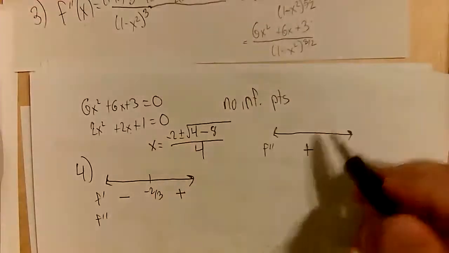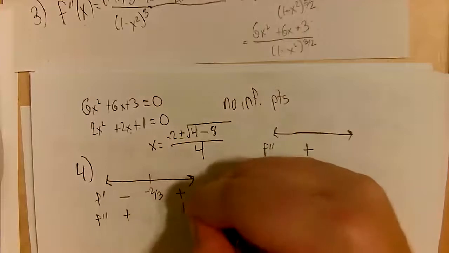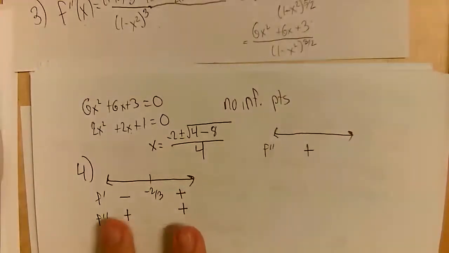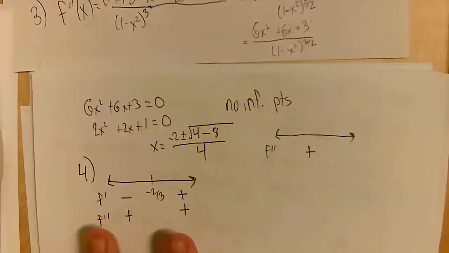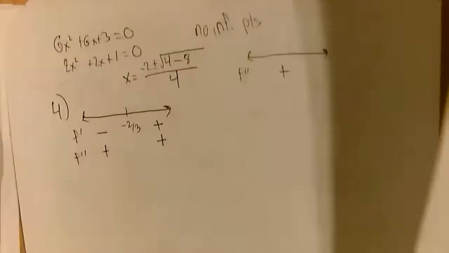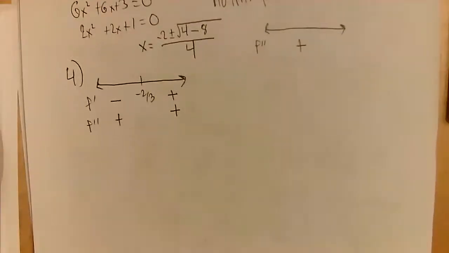And f double prime is just positive everywhere. All right, so this tells us what kind of shapes we're going to be connecting our important points.